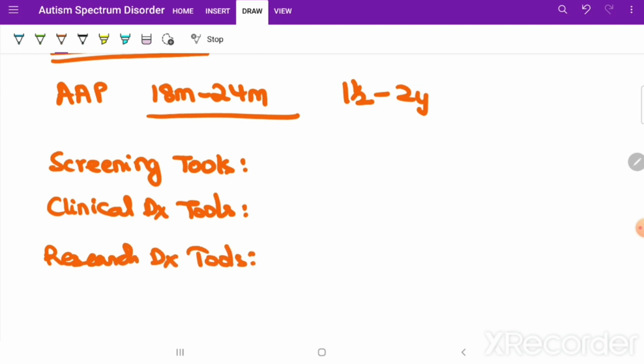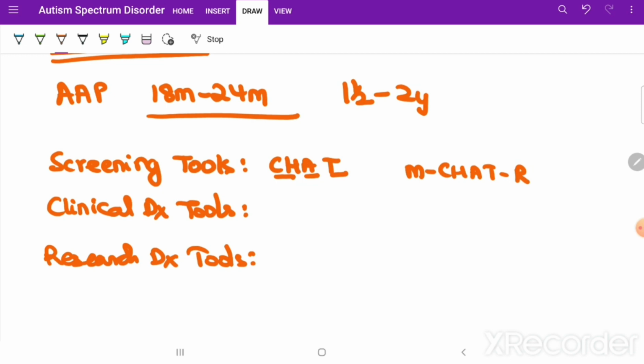Screening tools are brief screening instruments which can be used by primary care physicians or nurses with very young children. An example is CHAT, the Checklist for Autism in Toddlers, which was later modified to make the MCHAT-R, the Modified Checklist for Autism in Toddlers.